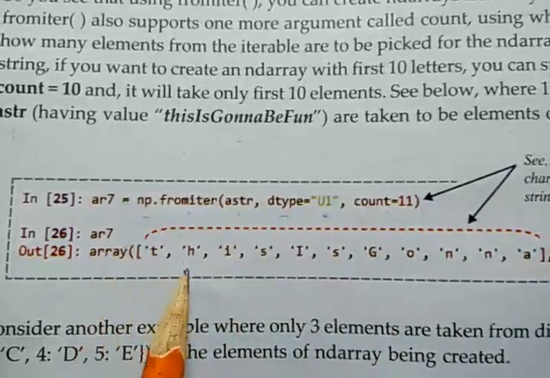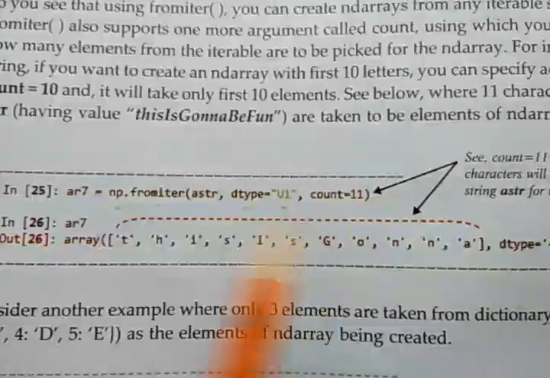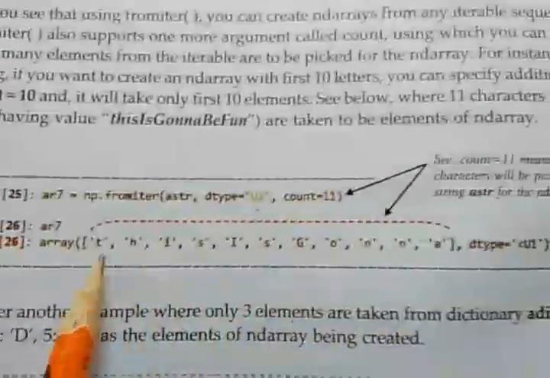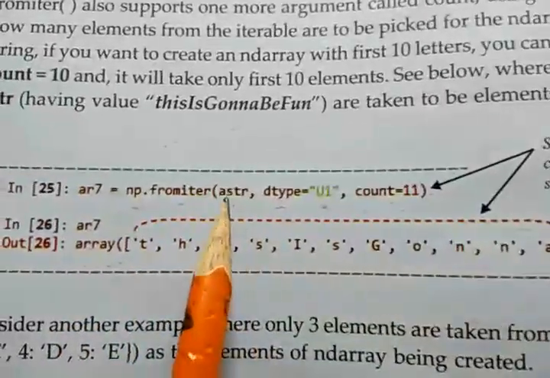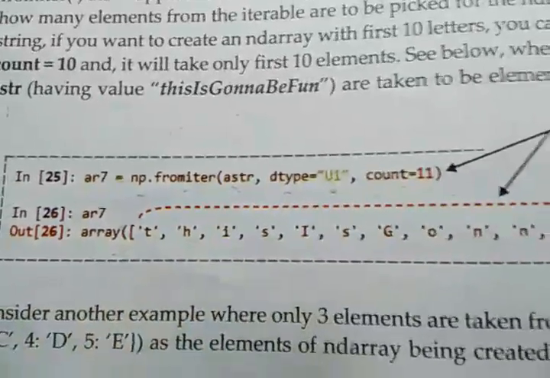So this will extract only 11 characters from the beginning of the astr string.